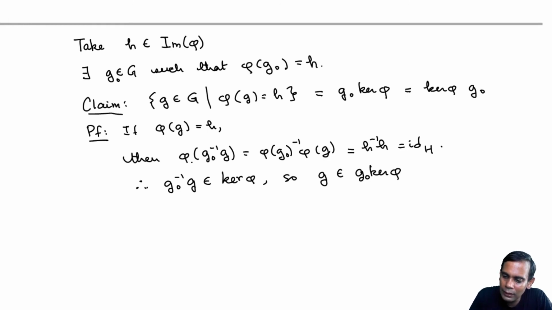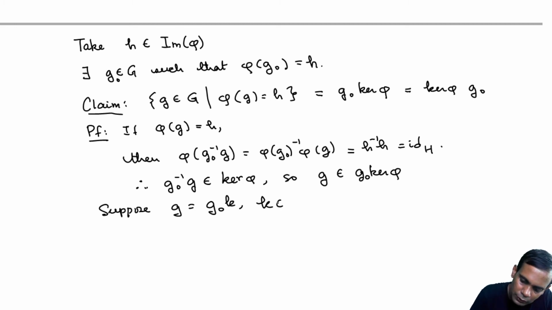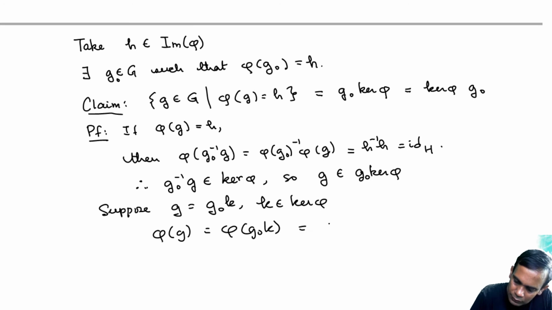And to go the other way, suppose g is equal to g0 times k, where k belongs to the kernel of phi. Then phi of g is phi of g0 k, which is phi of g0 times phi of k. What is phi of k?